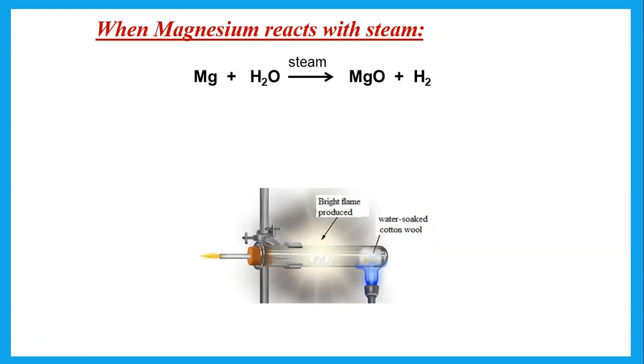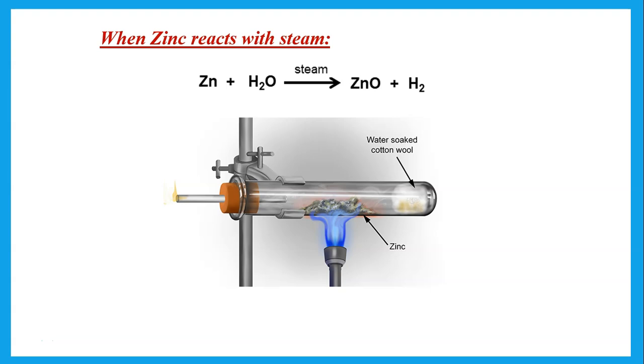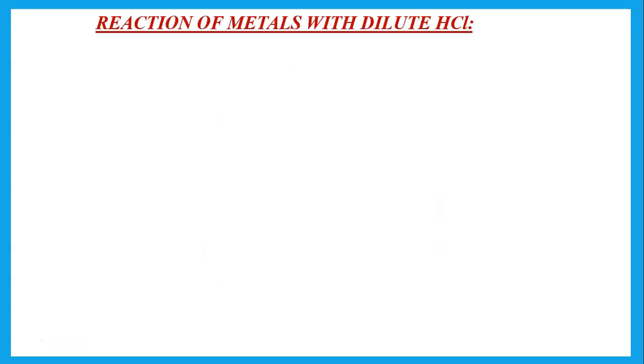What about magnesium? We said magnesium, if we put it in cold water, the reaction is very slow. So we react it with steam. Magnesium with steam forms magnesium oxide plus hydrogen gas. So the magnesium oxide is formed, and magnesium oxide, you should know, is a white solid. And of course we have bubbles of hydrogen gas that is formed. Zinc also reacts with steam to give zinc oxide plus hydrogen gas.